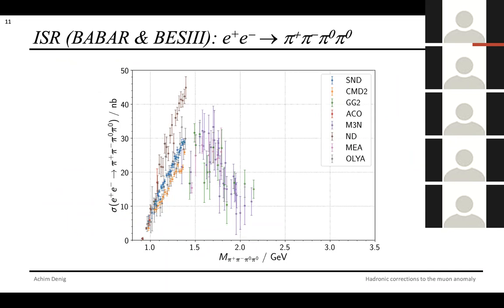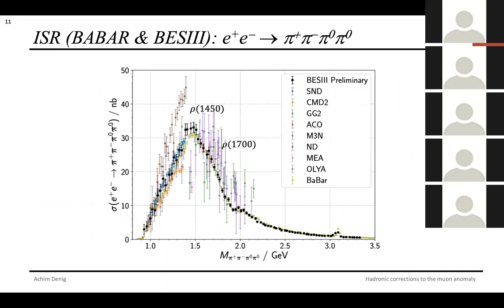Now this has been measured by BaBar and also by BESIII, preliminary. You can see the quality of the data, the fact that one can cover the full energy range in one shot. It's really a new quality of data which became available, and this is really progress.